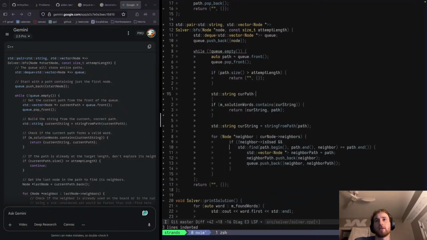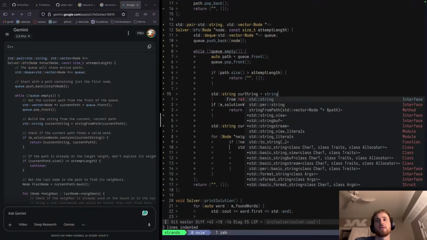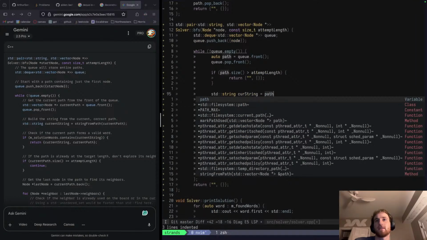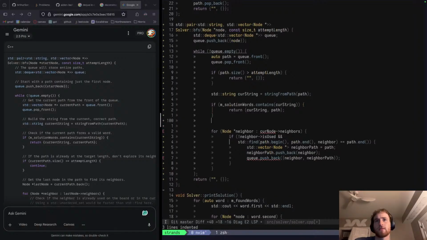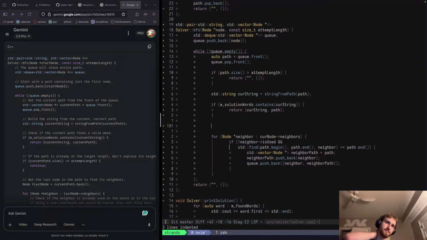String cur path equal, or cur string is path to string, something like this. What did I name that? String from path? Okay, there we go. Yeah.